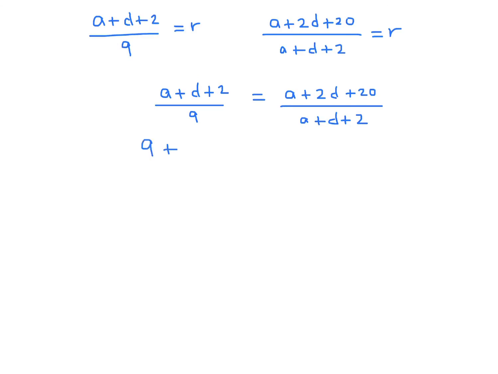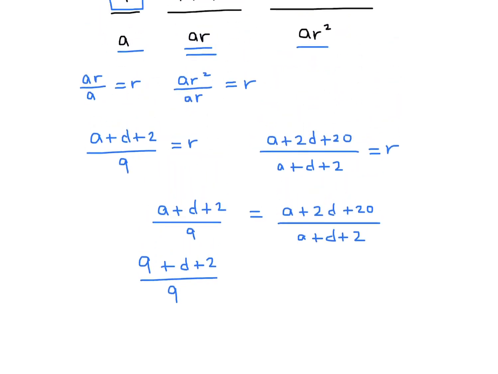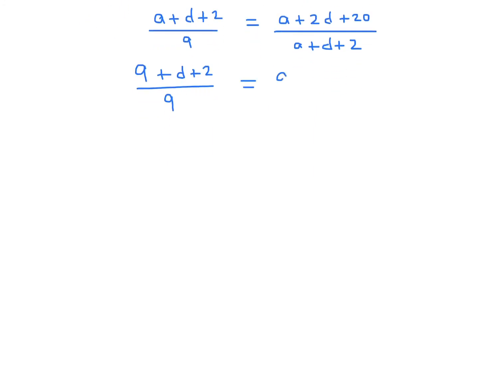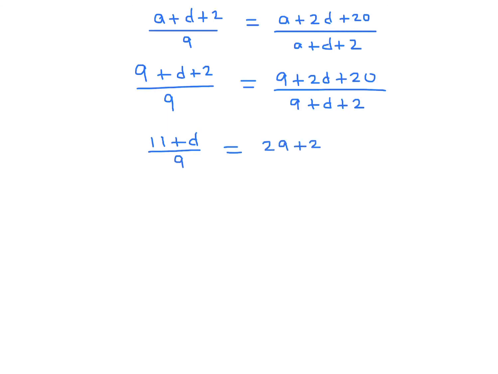So I've got 9 plus D plus 2 over 9, and I've got 9 plus 2D plus 20 over 9 plus D plus 2. So this becomes 11 plus D over 9 is equal to 29 plus 2D over 11 plus D. Correct?